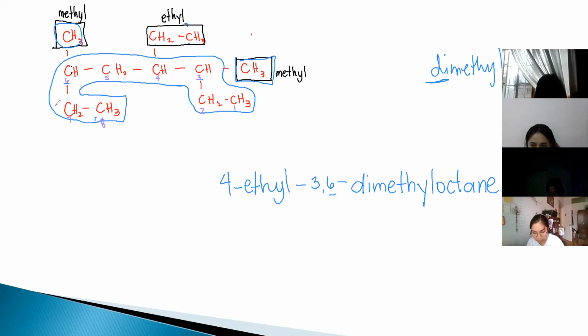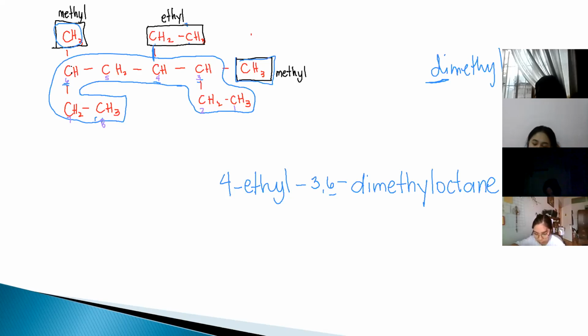Parent chain ha, yung lalagyan natin ng number. Okay? So, ang location daw ni methyl, yung isang methyl nasa carbon number 3, yung isang methyl nasa carbon number 6. So, kaya siya 3,6 dimethyl. And then, itong ethyl naman nasa carbon number 4. Ito yung bonding niya, nasa carbon number 4.